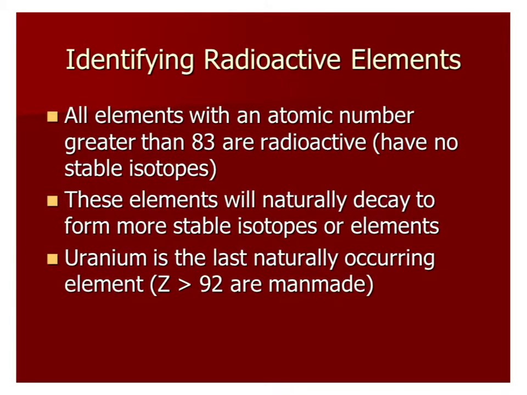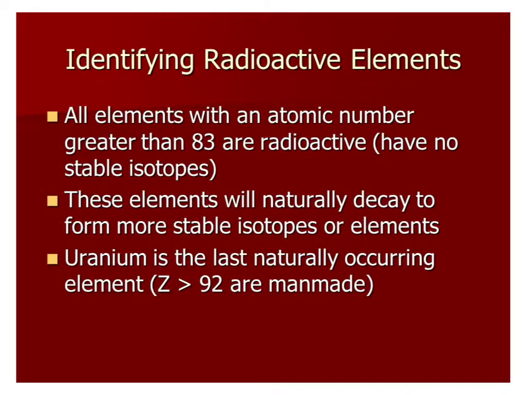Now remember, we need to identify which of those are radioactive elements. All elements that have an atomic number greater than 83 are going to be radioactive. They have no stable isotopes. In other words, they are going to decay at some level.